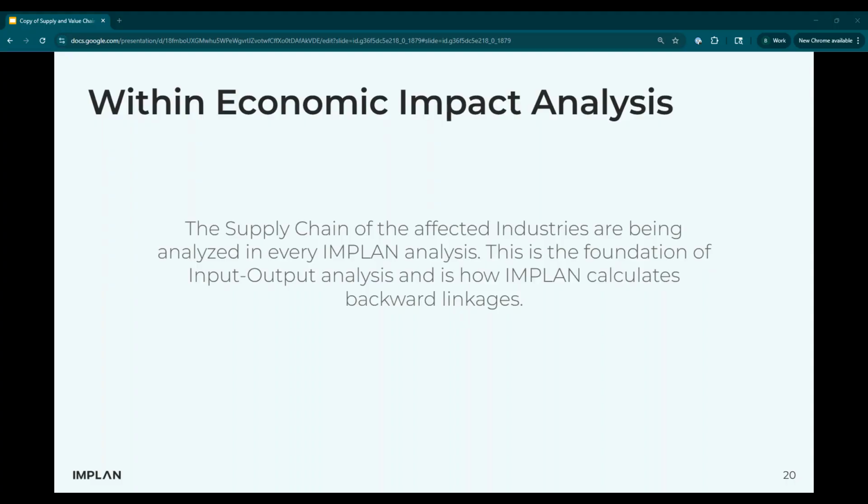Going back to our standard input-output assumptions, it assumes a stable supply chain is able to absorb or respond to changes in demand created by the shock in question. So we're looking at how shocks ripple through a supply chain, and in IMPLAN, we've regionalized that supply chain by industry, so we can look at how shocks in one part of the United States ripple through and affect other parts of the country.